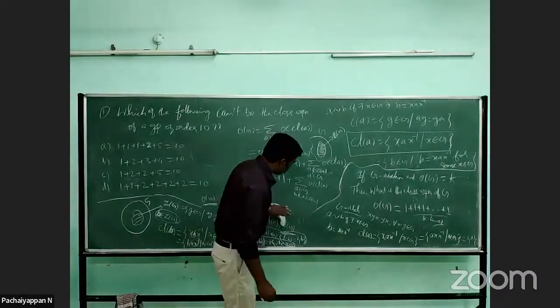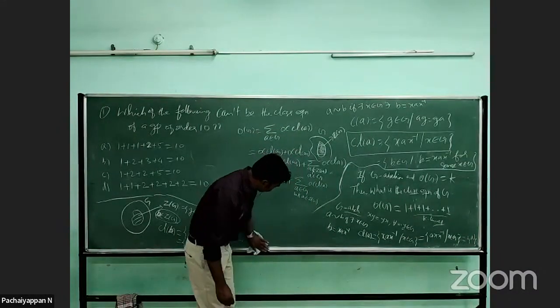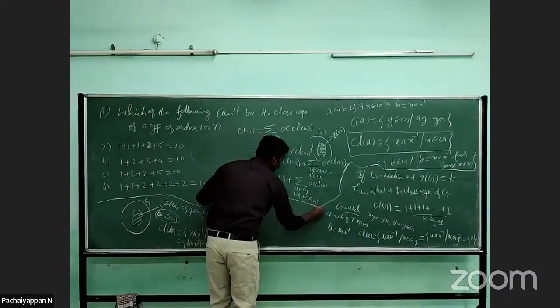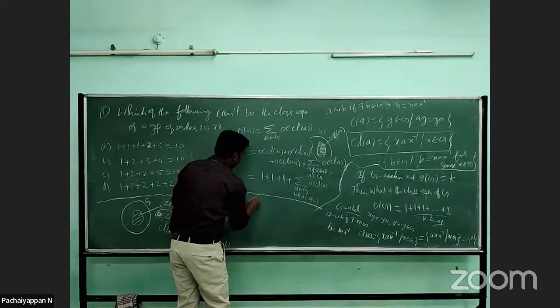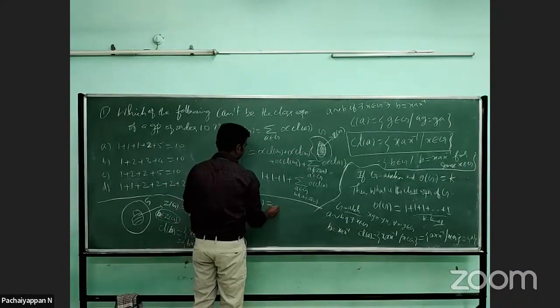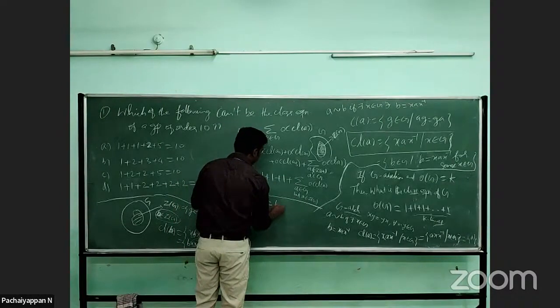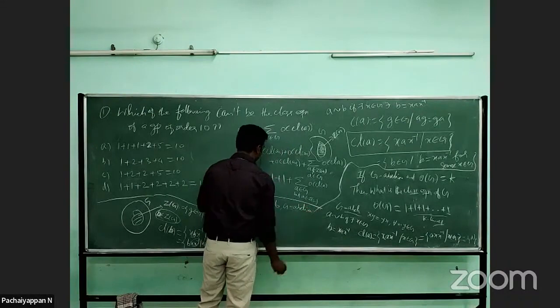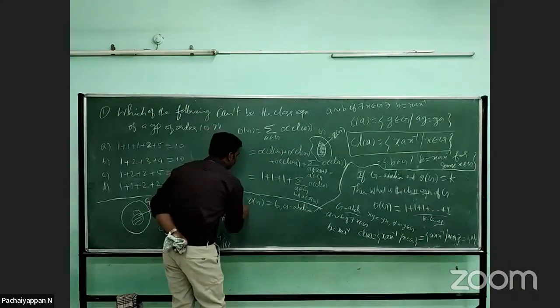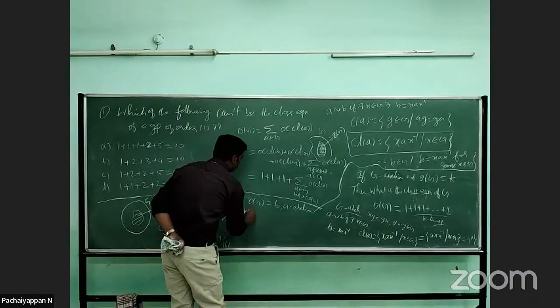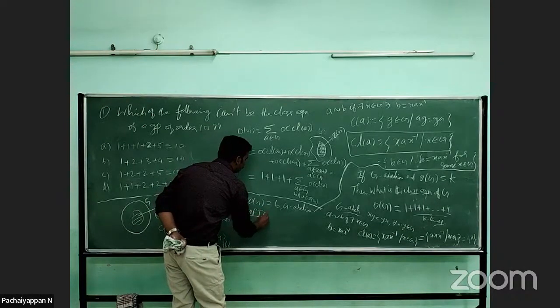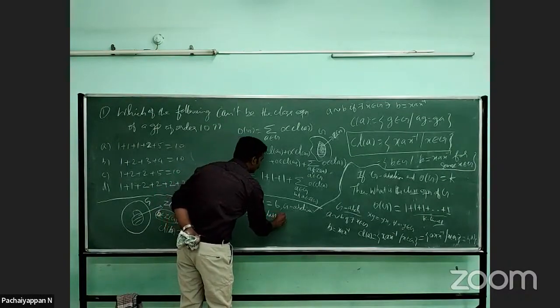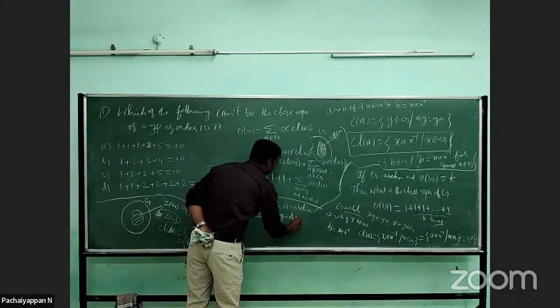Okay, so I would like to ask one question here. The order of G equals 6 and G is abelian. Which of the following are class equations of G?